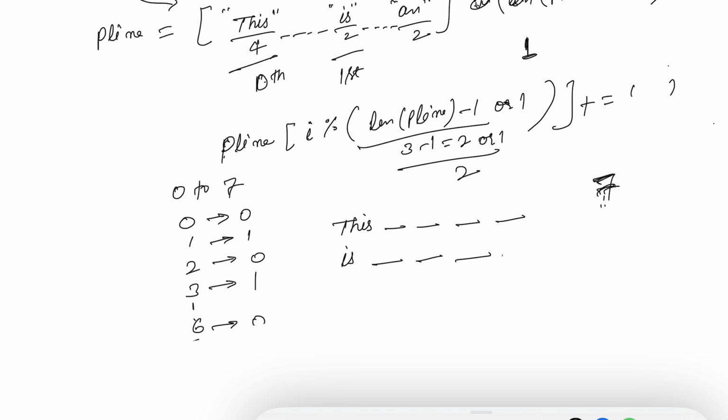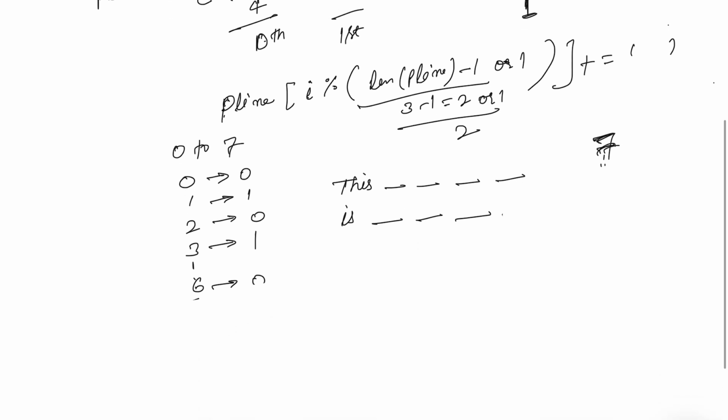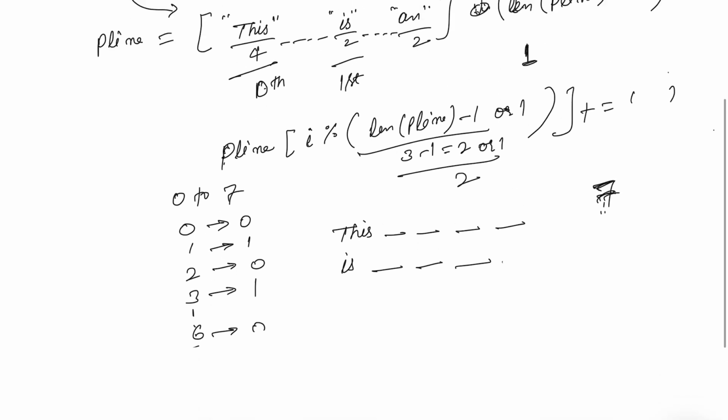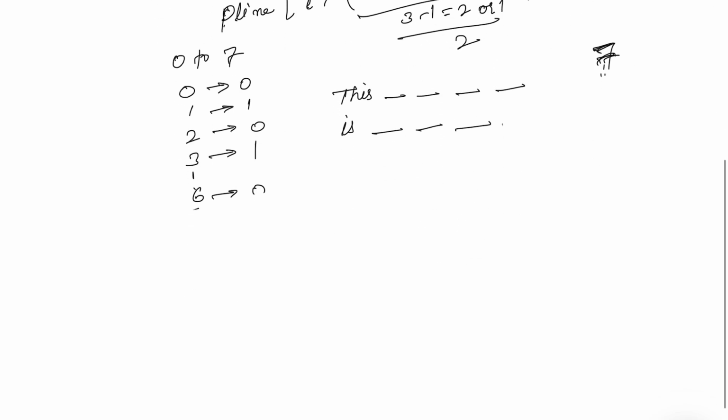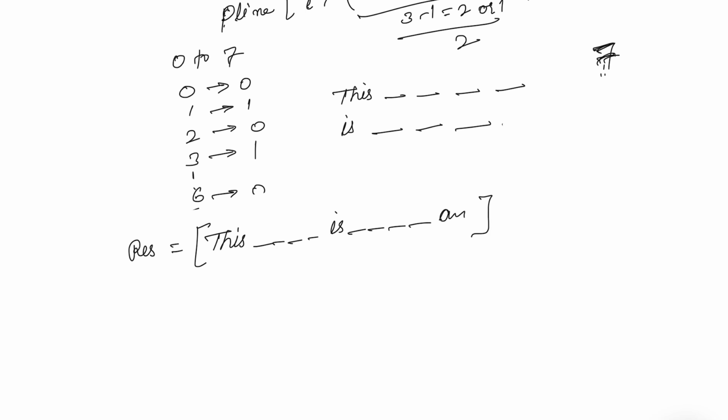Again we will make this list empty, and we will add this inside the final result. So I will take one result list, and inside this list I will put this sentence. There will be 4 spaces, 1 2 3 4, after each there will be 4 spaces, 1 2 3 4. So inside the result list, the first sentence will be this.